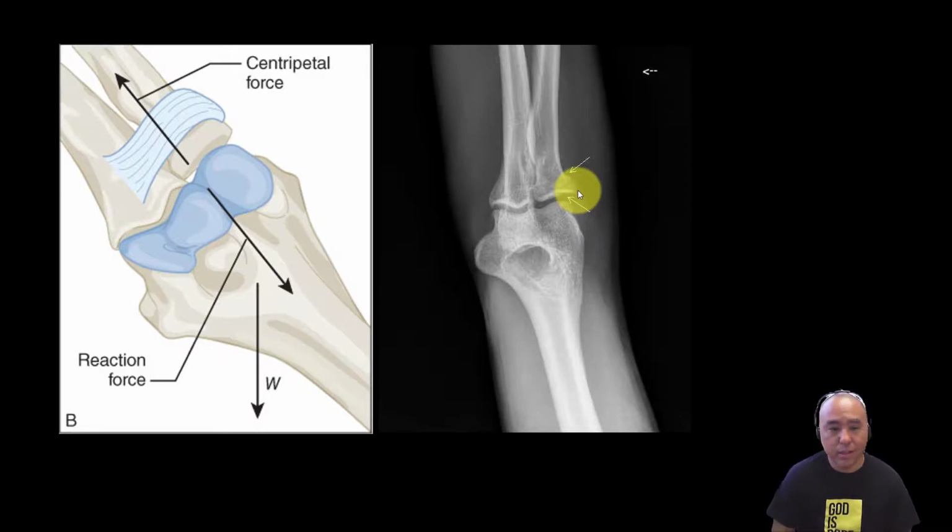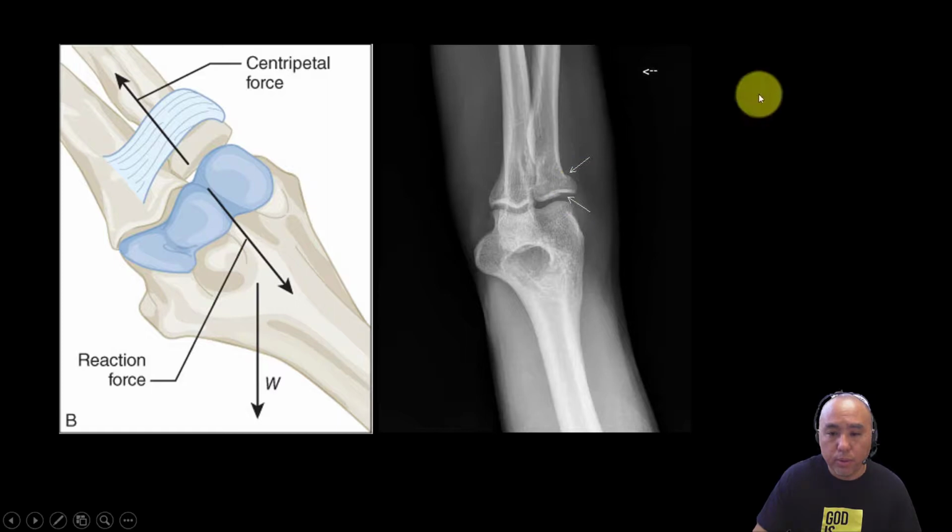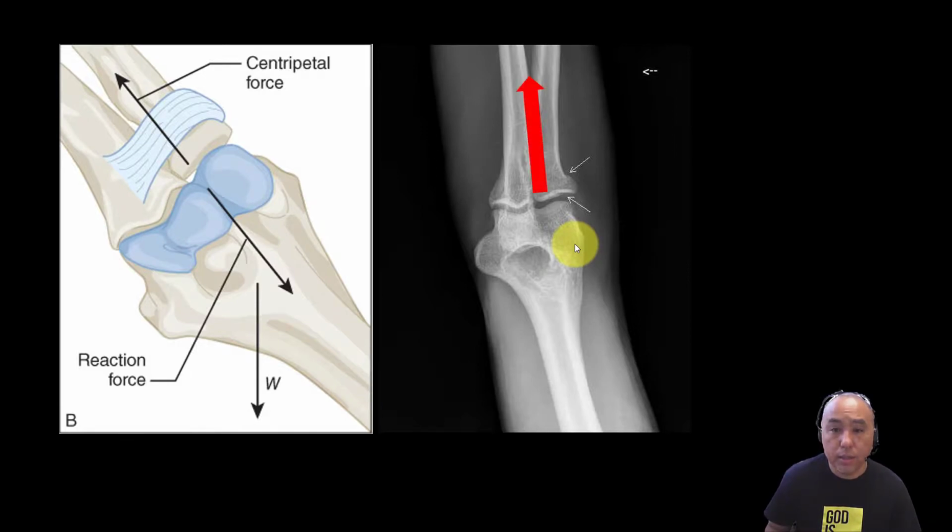In some cases, the elbow would be able to absorb some of that energy through a contraction of the elbow flexors and elbow extensors, depending on the age of the child and whether or not the growth plates have closed, and there are some other factors that would affect the clinical etiology of this injury. But the overall biomechanical aspect of it is the centripetal forces that are involved in pulling that elbow apart, if you will.